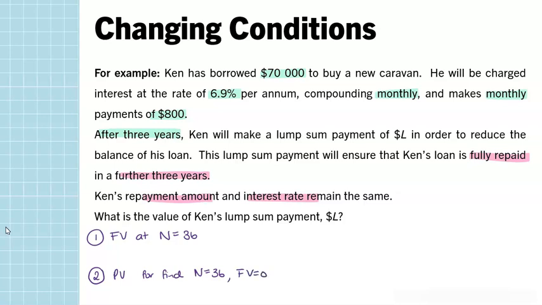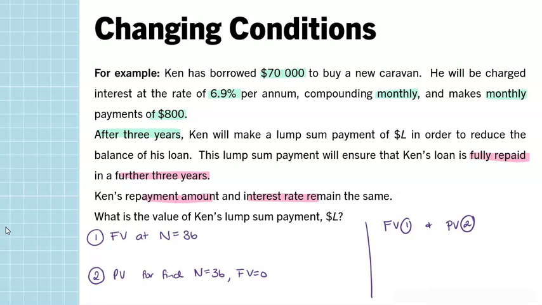So again, this is the challenging part, to think through how you can use Finance Solver to achieve this. And then finally, helping us put that together, the difference between the future value from step 1 and the starting point, or the principal value from step 2, will be the amount of the lump sum.